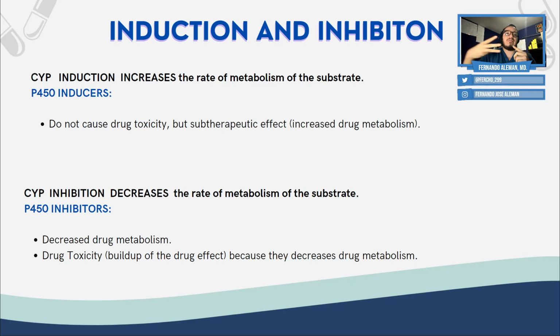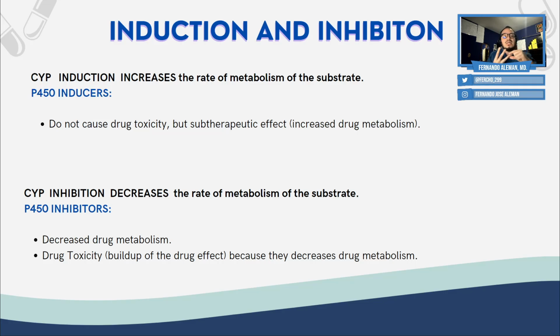So let's say that we have a patient and this patient is taking drug A and drug B, and in here we have the enzyme, the P450. The drug A is metabolized by this enzyme, and the drug B is an inducer of the P450.